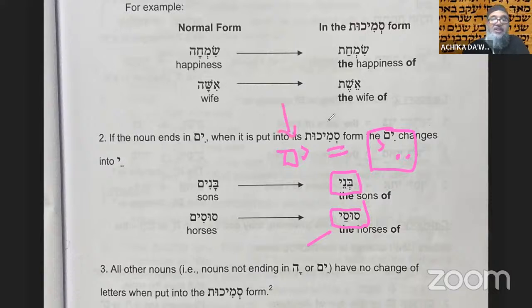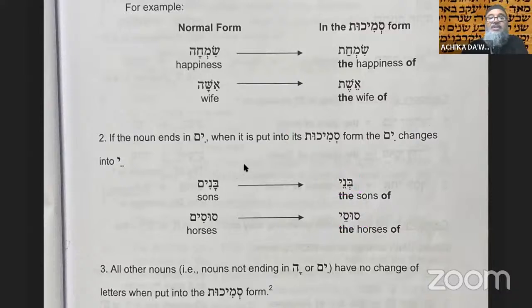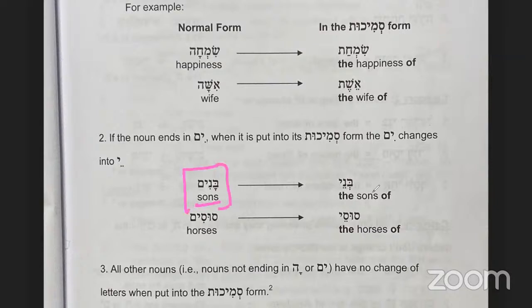There's no difference between these two right here. They're equal. Somebody tell me why. Why are those two equal? I'll tell you why they're equal. Are these sons? Yes. Are these sons? Yes.